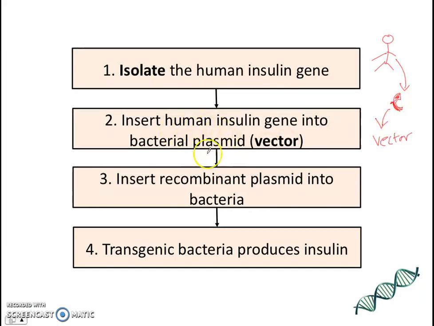In this case, the vector is a bacterial plasmid, which we'll take a look at in just a while. Then I insert this vector, the plasmid, into the bacteria. Okay, here's my bacteria. I insert it inside. So now the bacteria has the vector, which has the human insulin gene. So the bacteria is now transgenic. It's able to express the human insulin gene and to produce insulin for me.